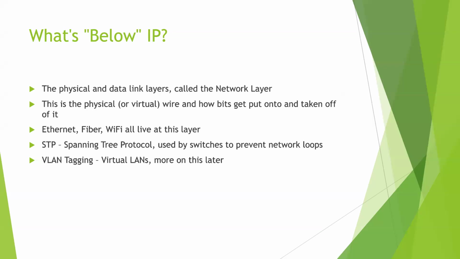But all right, VLAN tagging. We'll talk about it more as we get into the AREDN stuff, but basically VLANs are virtual local area networks. The concept is you add another field to each Ethernet packet that says which VLAN it's on.